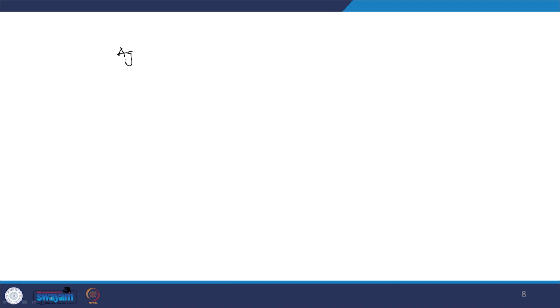Again, if beta belongs to W complement, then this implies E beta will be equal to 0, because the best approximation of beta on W will be 0. So, this implies E beta equal to 0.